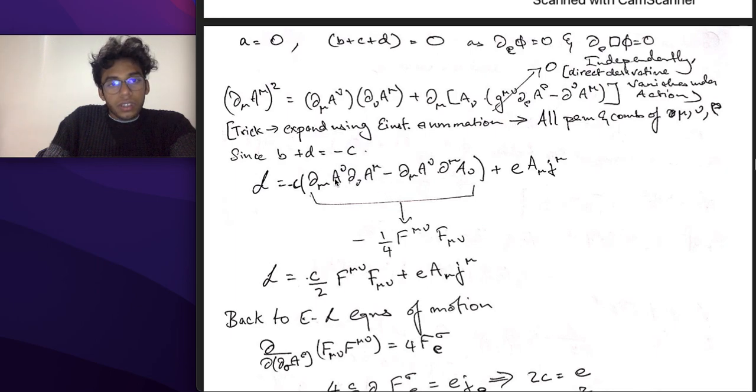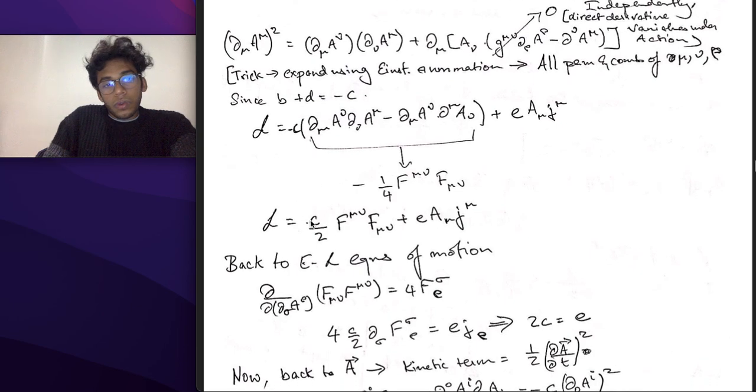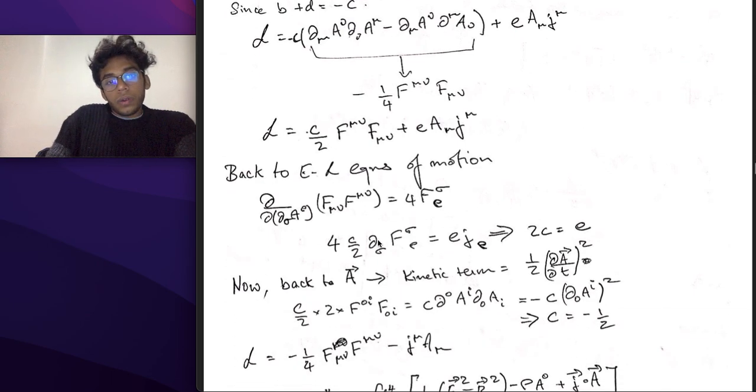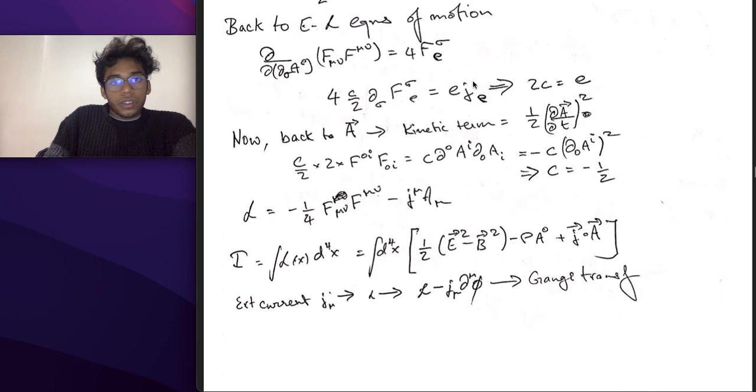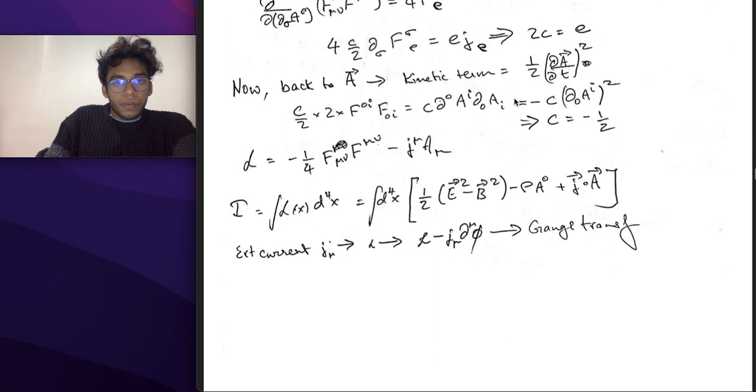One more thing we have done here is that we have taken dou mu a nu dou nu a mu minus this thing to be your minus 1 by 4 f mu nu f mu nu. So we have arrived at the Lagrangian with the coefficients c and e. Now you do simple calculations, and you find that e is equal to 2c.